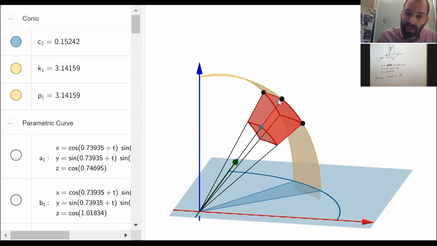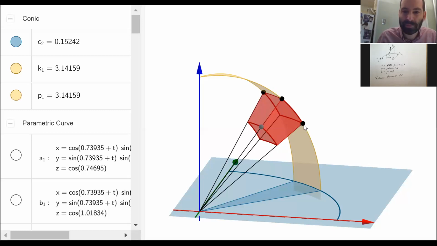And this distance in this direction involves a d phi. This distance is rho d phi. This is d rho. It's the theta thing that we have to be a little bit careful about.